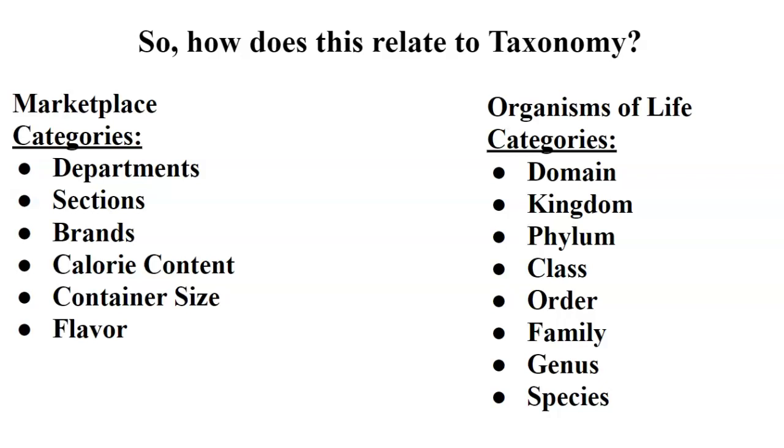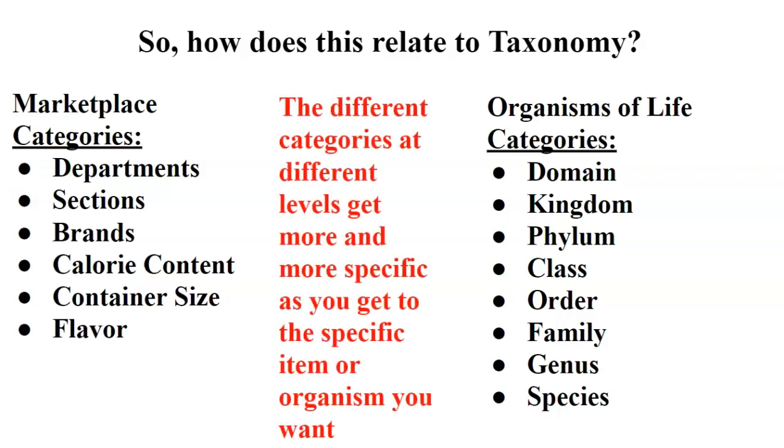They don't make sense to us, maybe, but they make sense to scientists who help set them up and have passed that knowledge on to future scientists. So the different categories at different levels get more and more specific as you get to the specific item or organism you want. Concept is exactly the same as the marketplace. You're just calling the category something different, and then within that category, you're looking for something specific.